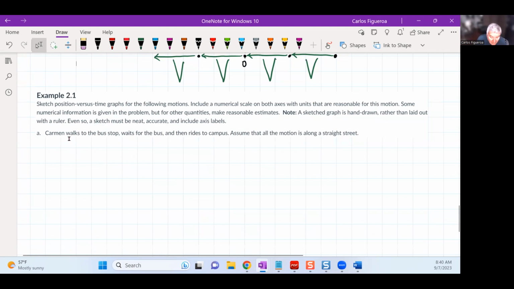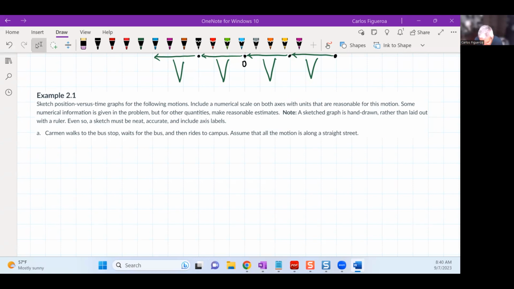Okay, so let's look at example 2.1. Carmen walks to the bus stop, waits for the bus, and then rides to campus. Assume that all the motions is along a straight line. So let's go look at this right. So what I want to do here is that I need to sort of draw a motion diagram, and I want to draw a graph so that it's reasonable.